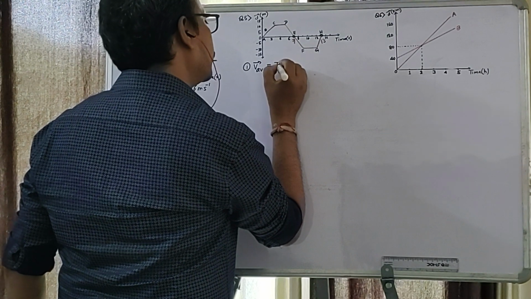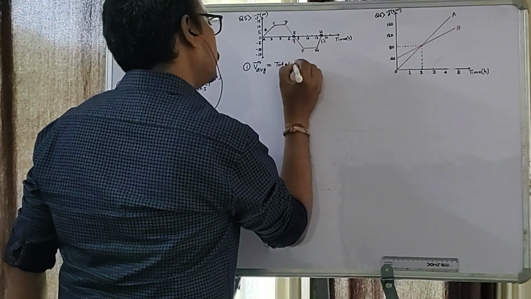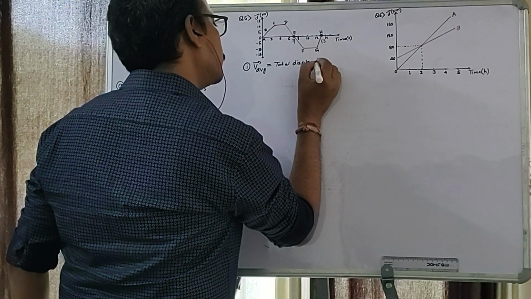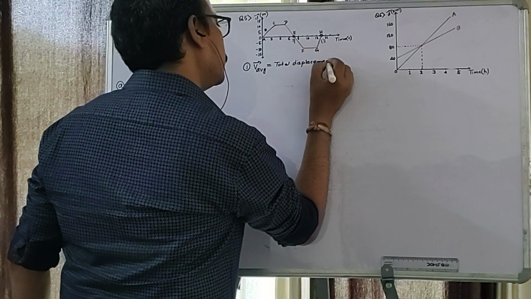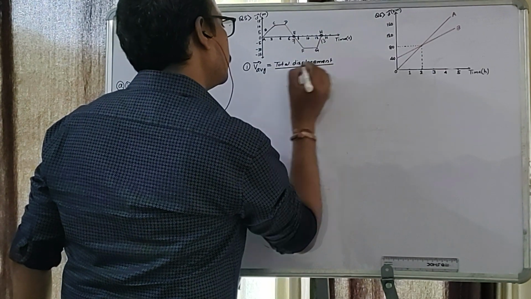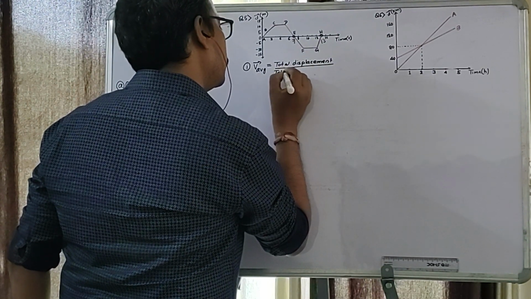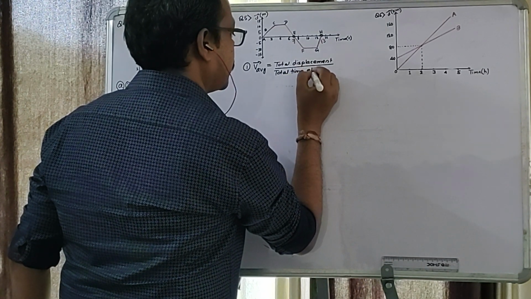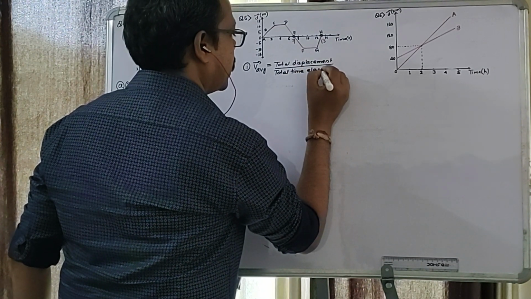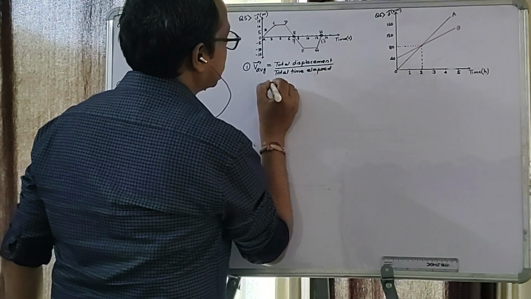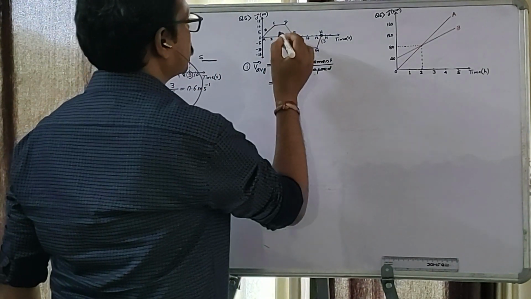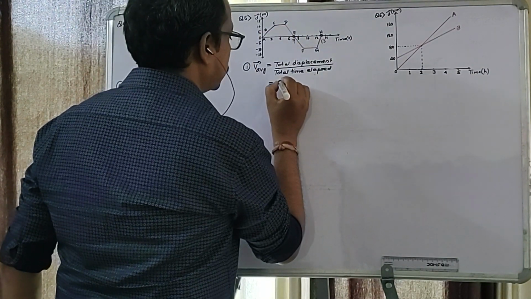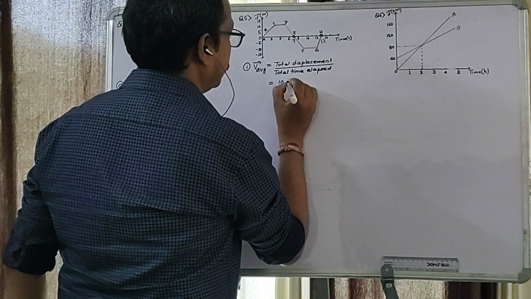So total displacement by total time elapsed. Okay. So total displacement is what? Total displacement in this case is from 0 to 10. You can say it's a 10, right?